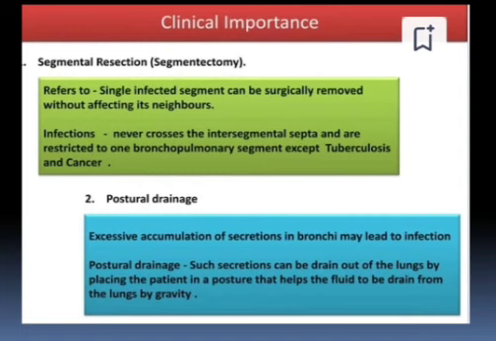Okay? So we have segmental resections, segmentectomy. This is the removal of an infected segment of the respiratory tract. It's a surgical procedure, especially when that part has been infected. Because if you don't remove that surgically, it will infect other areas.